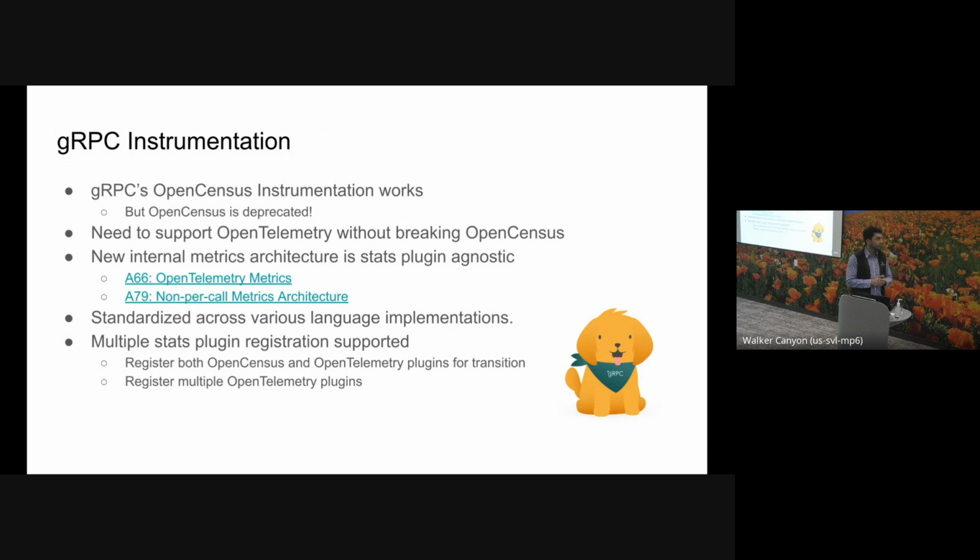So internally, what we ended up doing is we created a layer of indirection. That's how we solve all computer science problems, and it works. So we have this internal metrics architecture, which is stats plugin agnostic. Irrespective of whether you take OpenCensus or OpenTelemetry, it will collect metrics in the right manner.